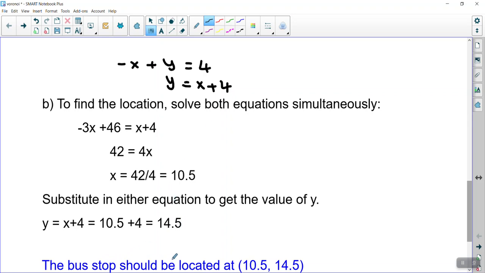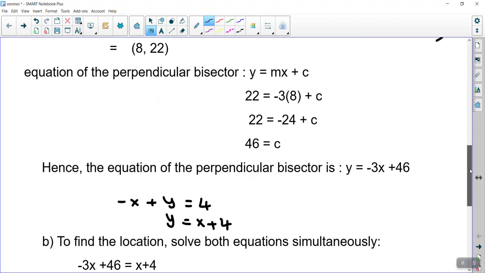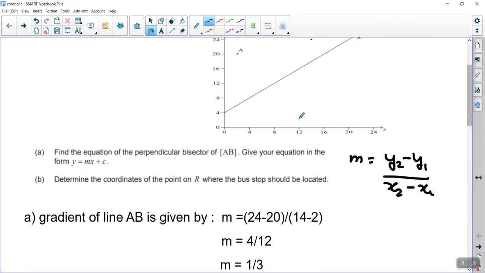This says that the bus stop should be located at the point (10.5, 14.5), which, if you look at the figure, comes somewhere in here. Basically, what we are finding is the intersection of the perpendicular bisector and the road, which gives us a point that is equidistant from both these schools. And that's it.